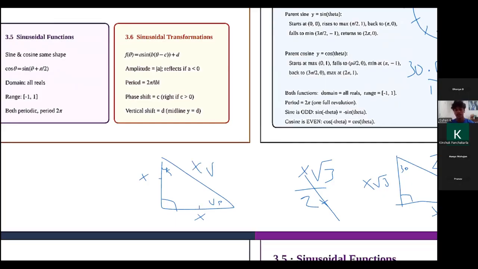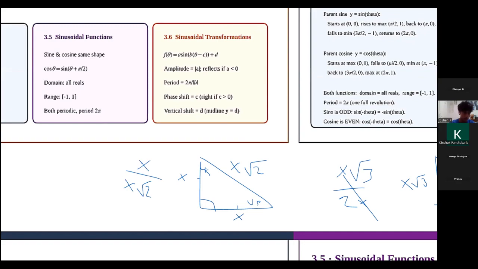So sine of 45 is the side opposite the 45-degree angle, which is x, divided by the hypotenuse, x root 2. Canceling the x's, it equals 1 over root 2. If we rationalize by multiplying by root 2 on top and bottom, we get root 2 over 2. So sine 45 degrees equals root 2 over 2.